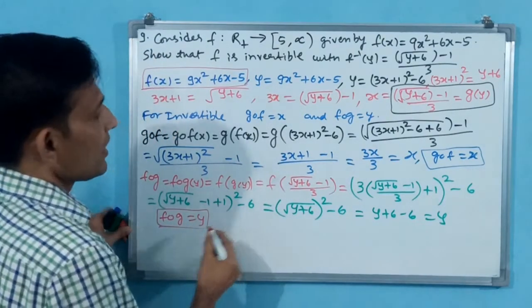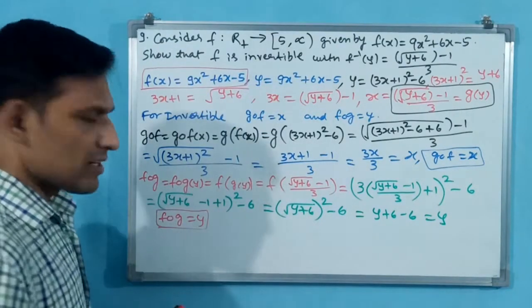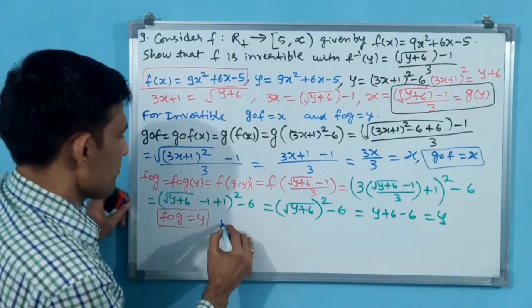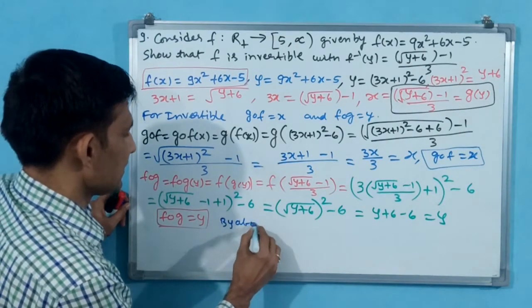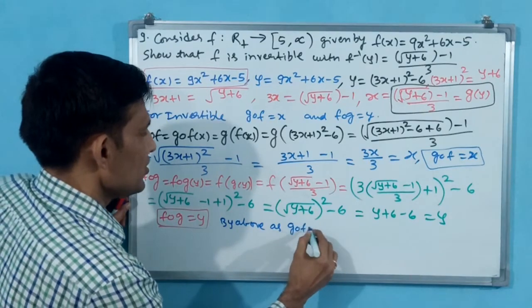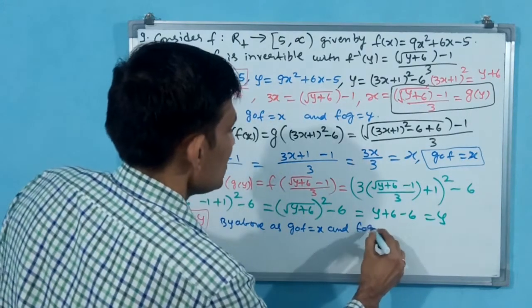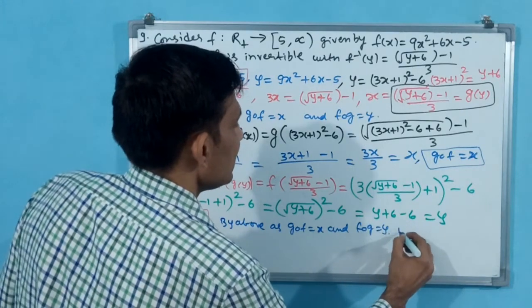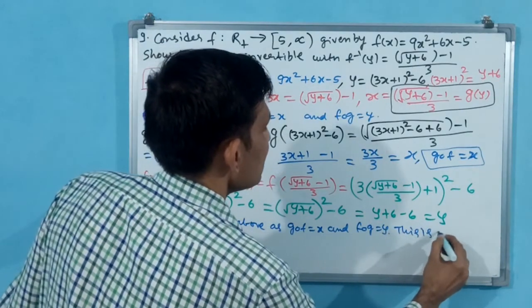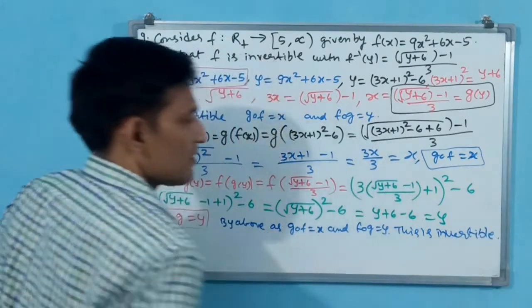Okay, now you write what they are asking: show that it is invertible. By the above, as GOF is equal to x and FOG is equal to y, this is an invertible function. You write function, I have written only invertible.